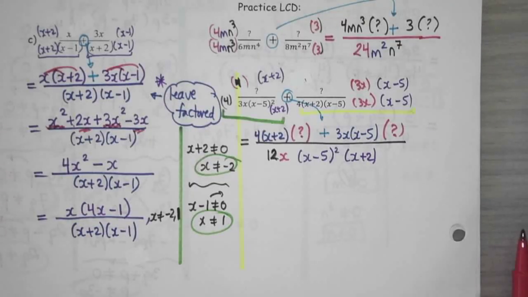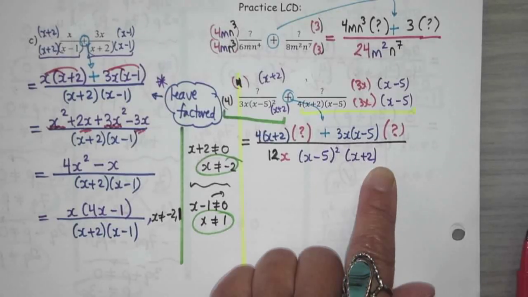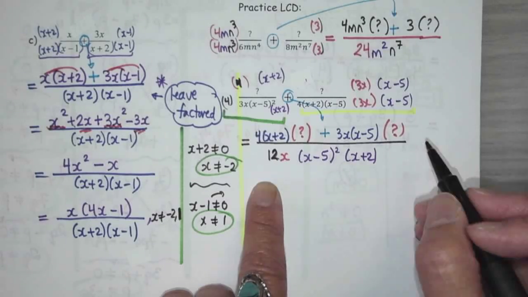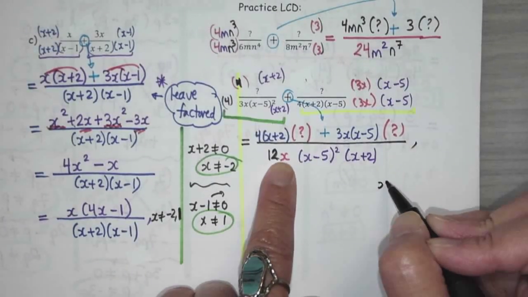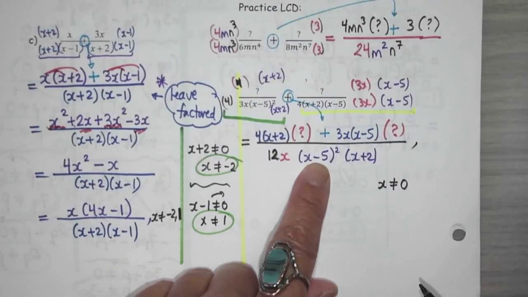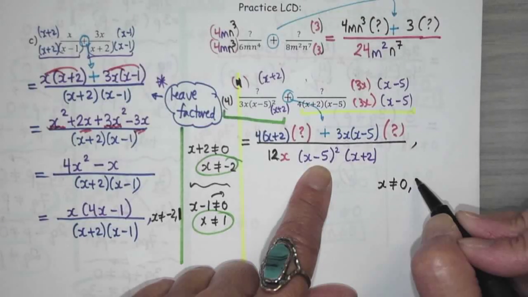So I'm going to do my restrictions. Do you want to try to do it without writing the rough? Are we at that point yet? What would be the restriction for this guy? For 12x. Yep, 0, right? So x cannot equal 0. How about this one? We good with this one? Solve it. 5.